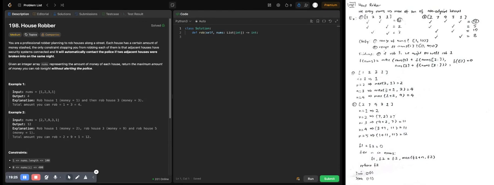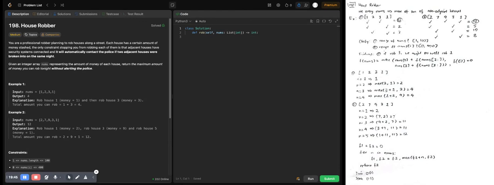For n equals 4, we could either take 1 plus 2, or we could also take the previous one, which is 4. Alright, we got it correct for example 1.